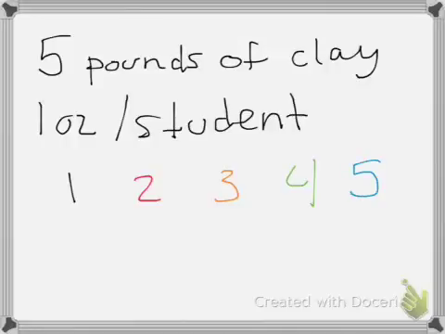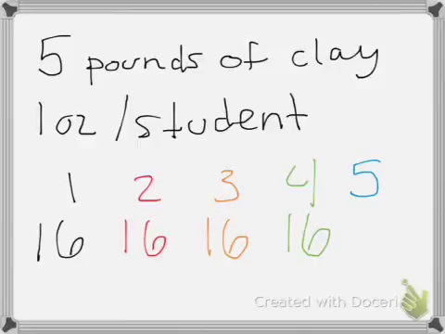Those are my pounds. Now, underneath, write a 16 under each one. 16, 16, 16, because each of those pounds is worth 16 ounces. We're going to figure out the total in a second.